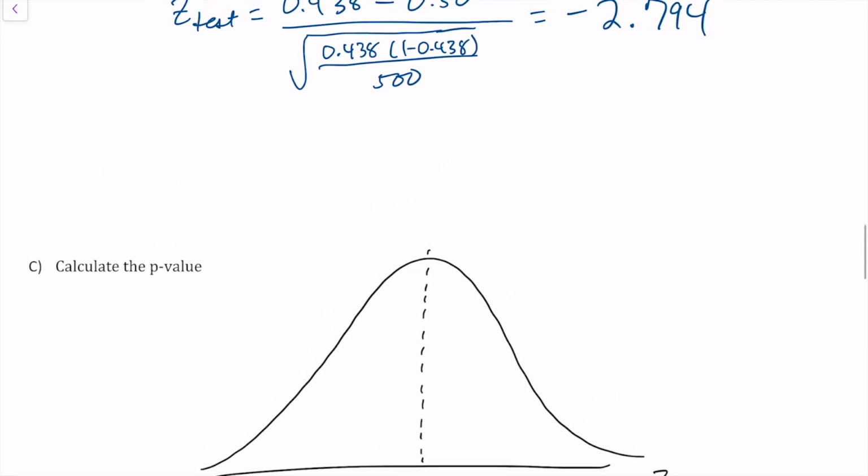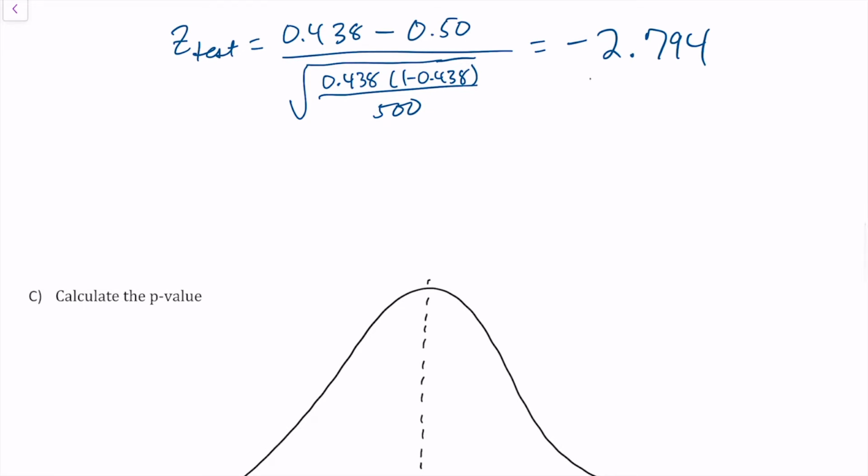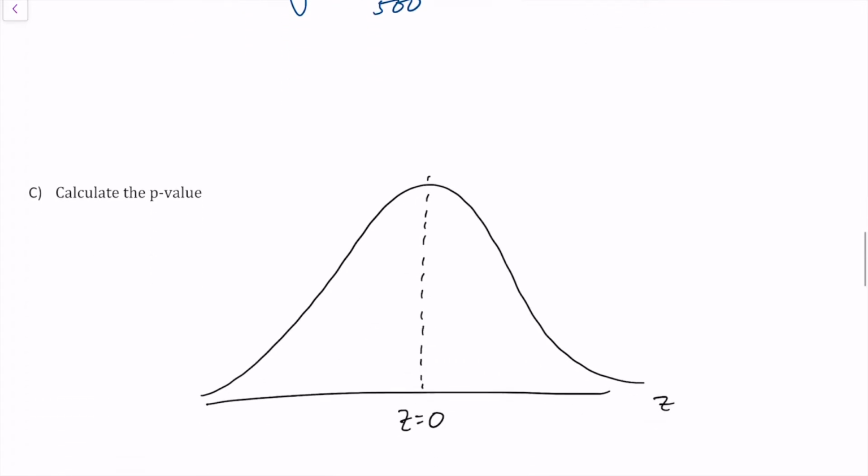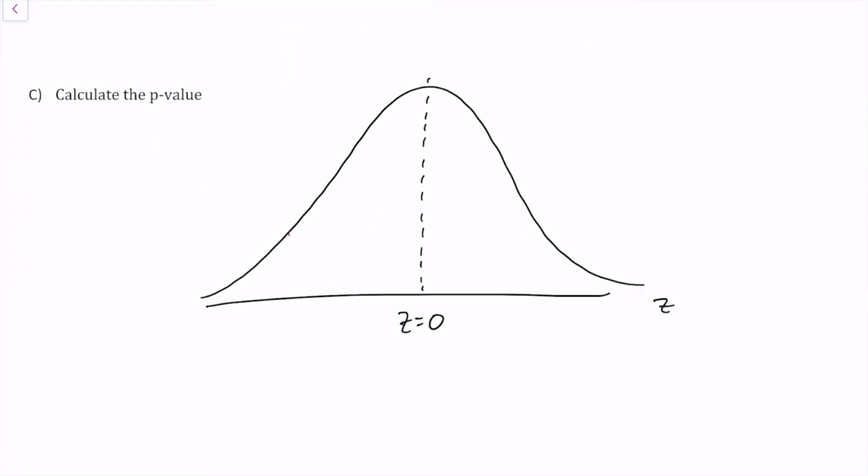We're going to now plot our test statistic of a negative 2.794 over here somewhere. And the question now becomes, where do we shade, to the left or to the right?